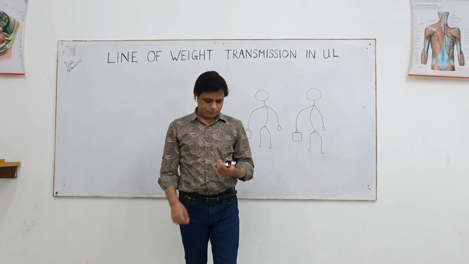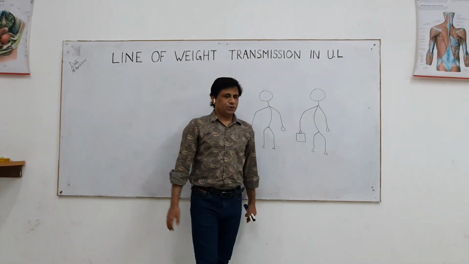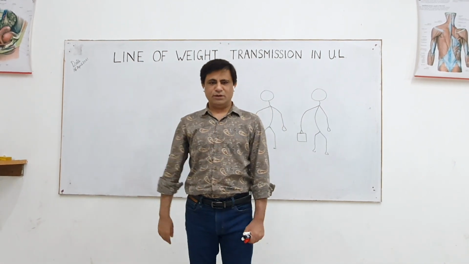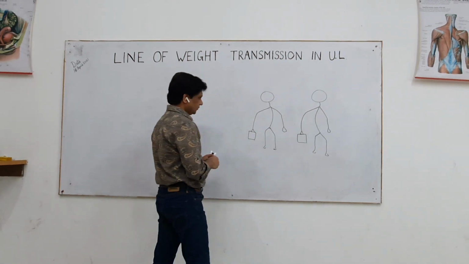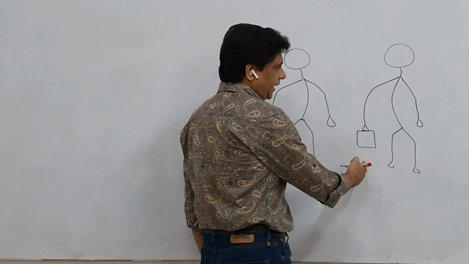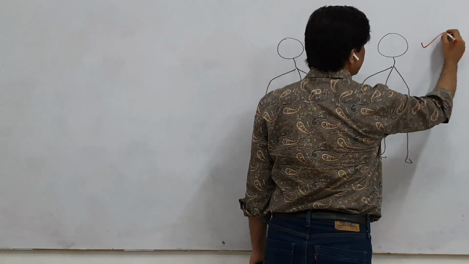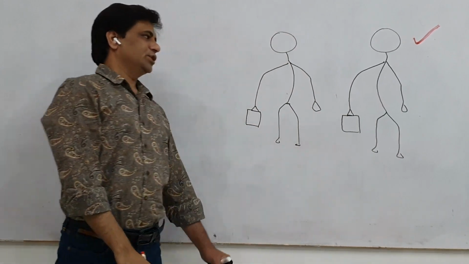Think about it. To maintain your steady gait, your line of gravity should pass through the median plane. So to carry and walk along with the weight, this will be the exact position.